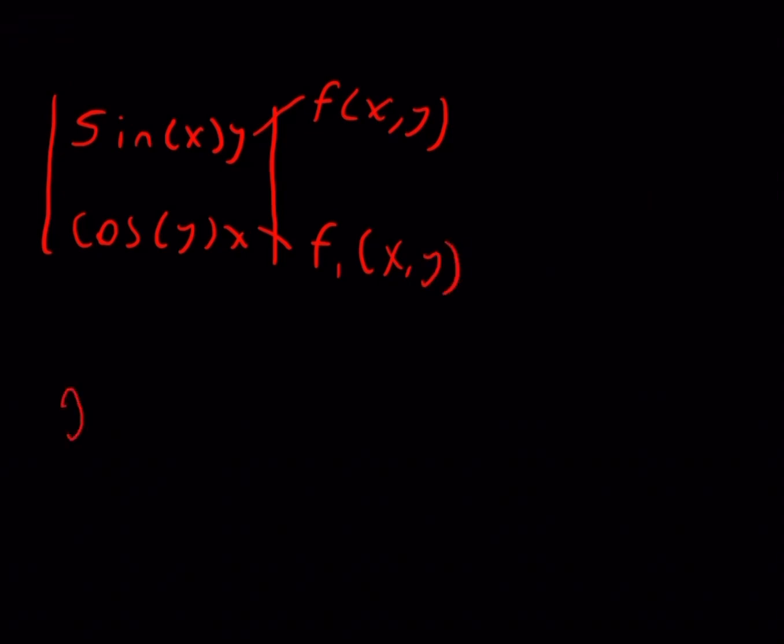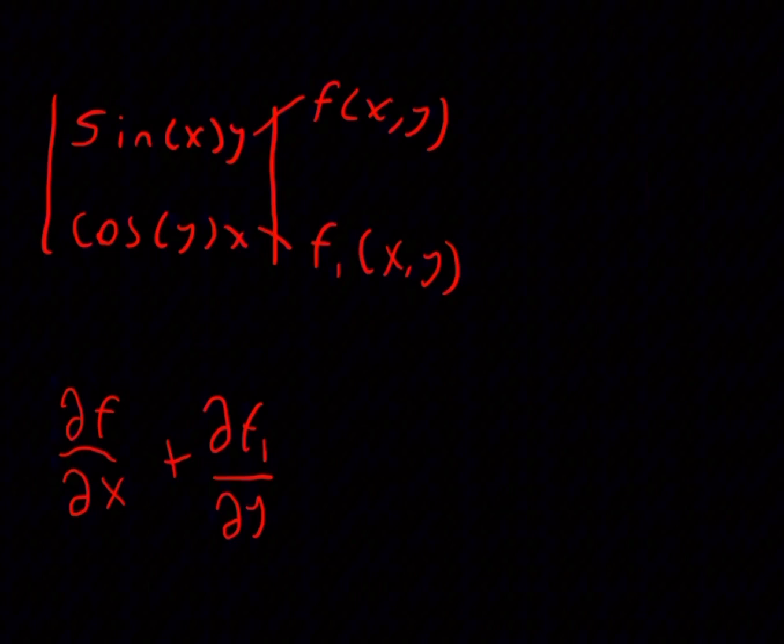We're going to add the partial derivative of f with respect to x to the partial derivative of f1 with respect to y. Now the partial derivative of f with respect to x for sine(xy) is going to be cosine(xy). So we're going to get cosine(xy).